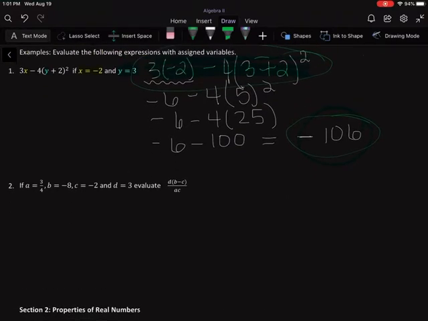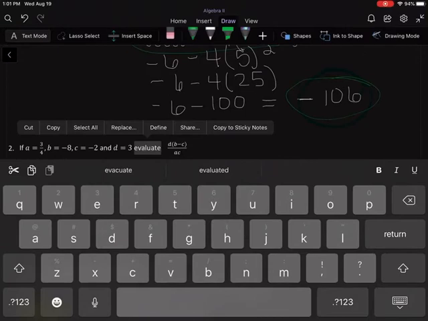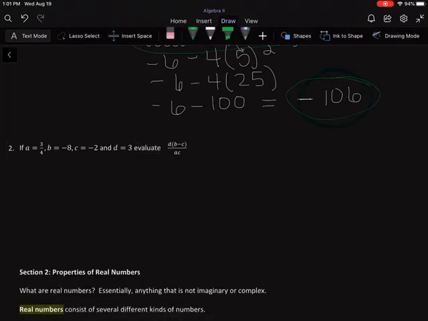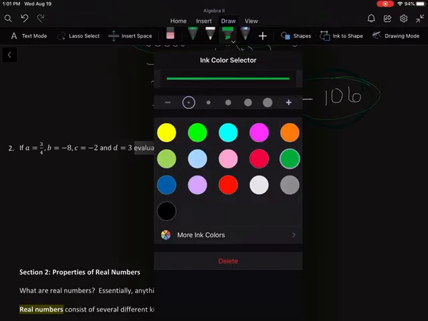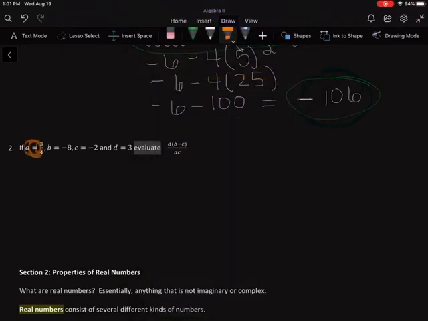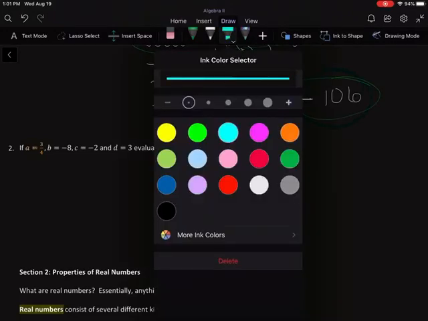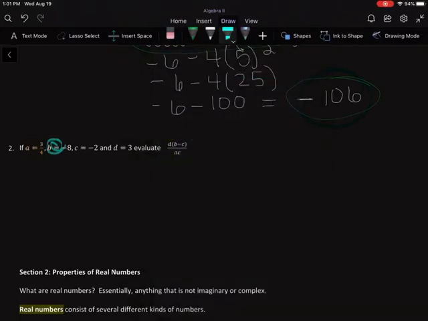Okay, this one has a fraction bar in it. Again, if I need to highlight things, I can highlight the A, and I know that needs to go into this little guy down here. And then the B is going to go into this one.